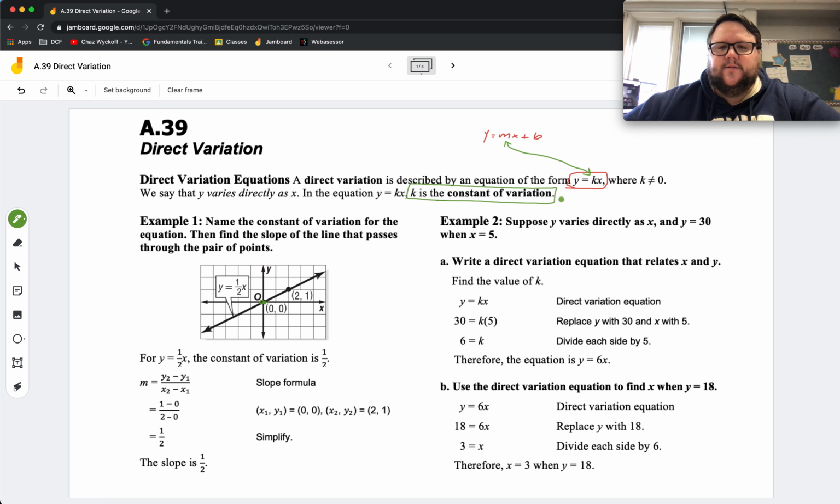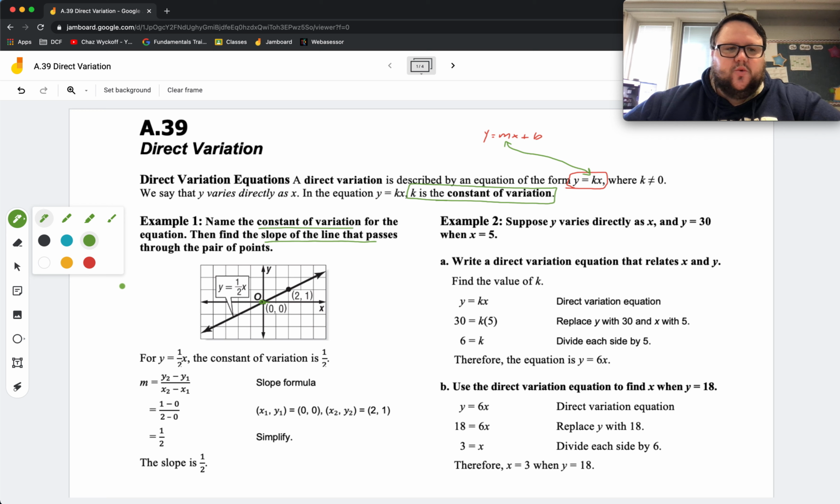Constant of variation. So for example one, we're going to name the constant of variation, and we're going to find the slope of the line that passes through the pairs. They give us the equation y equals 1/2 x.